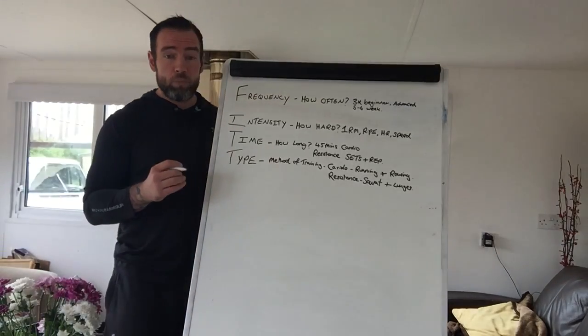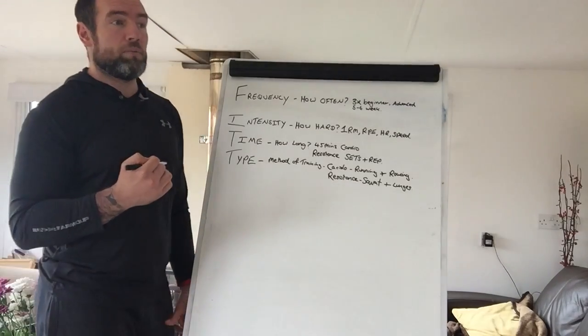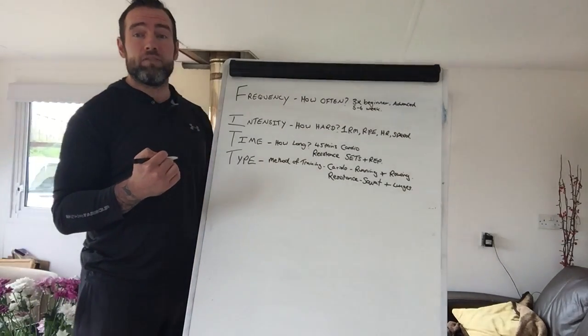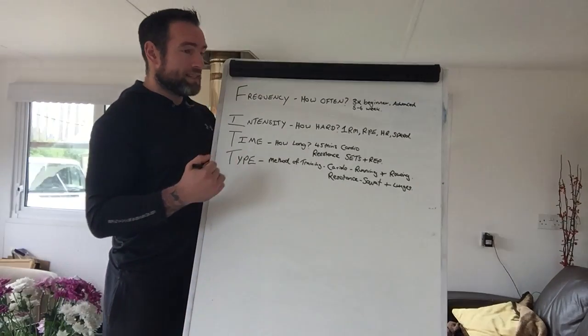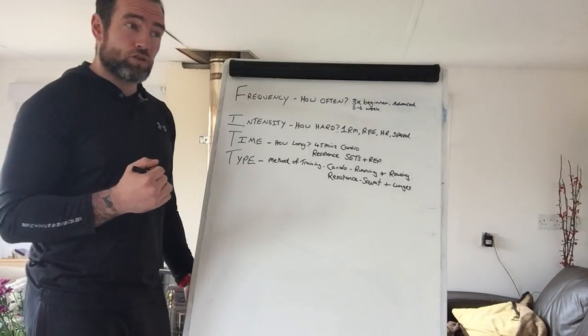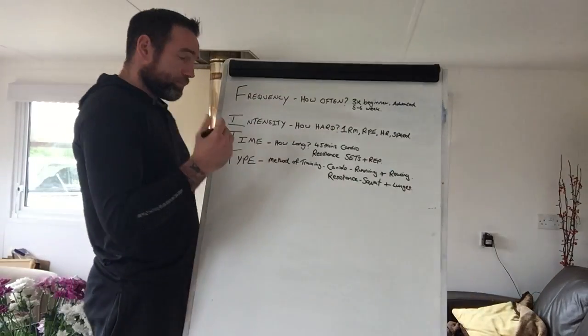Okay, so per body part, so for the total strength sessions, it could be maybe between 4 and 5 training sessions a week. Okay, the intensity, for strength I'm probably looking at 85% of 1 rep max.